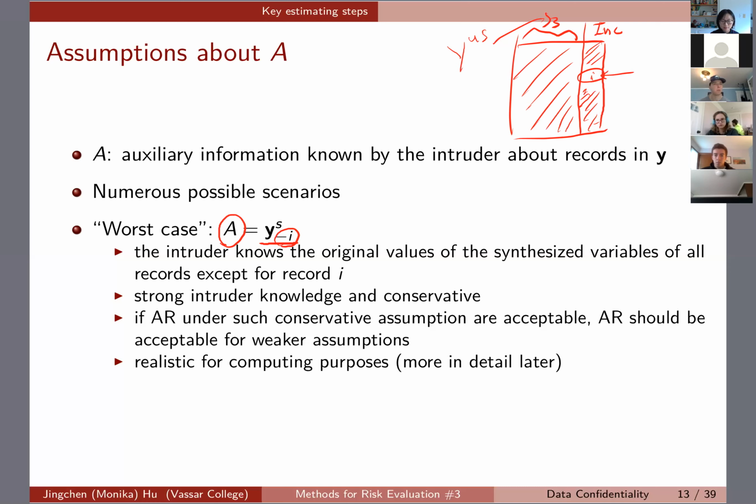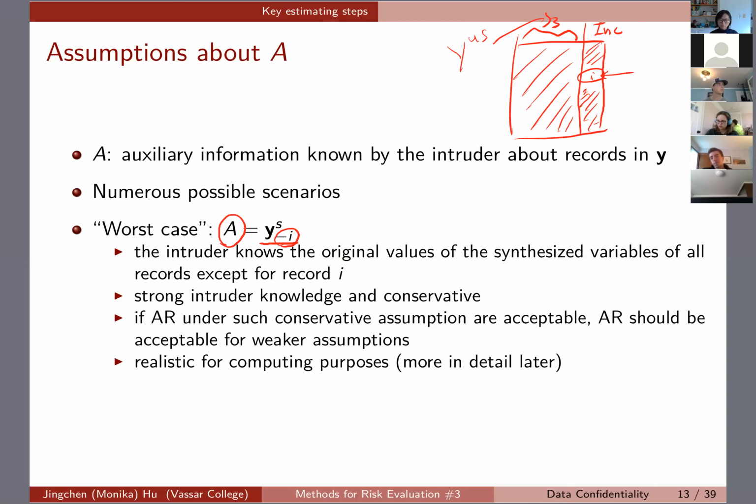But when we evaluate the risk for record i, the intruder first of all knows all of the YUS, because those are unsynthesized and publicly available in Z. The intruder also knows all of the actual values of the synthesized income for all of the other records except for i. It is very strong intruder knowledge, because we assume the intruder knows everything except for the one we are evaluating right now.